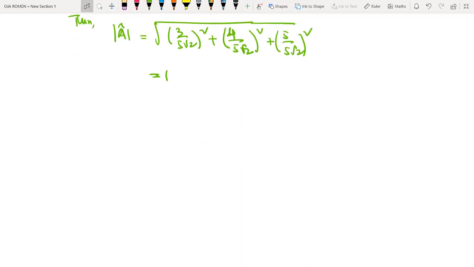Now similarly you can solve Roman numbers 2 and 3. It is very simple.